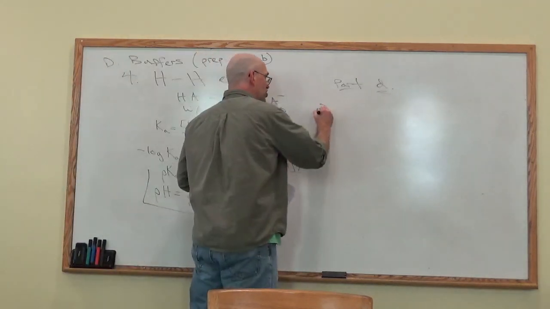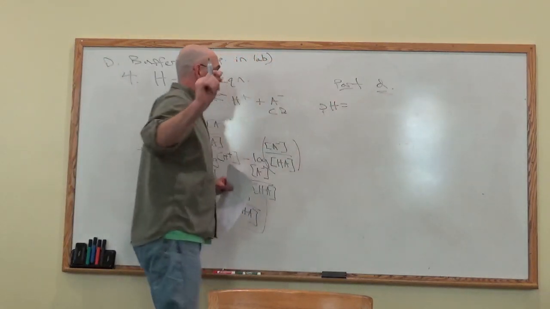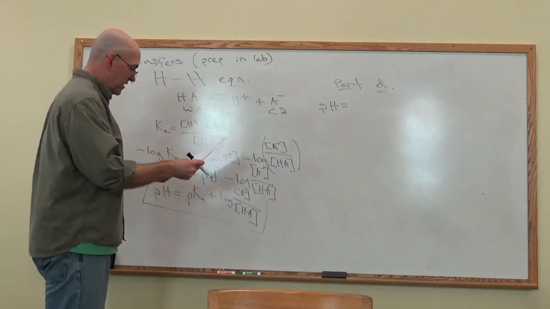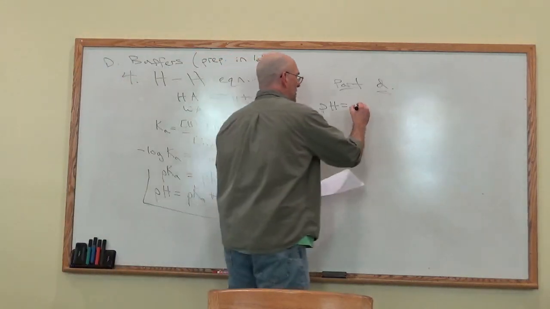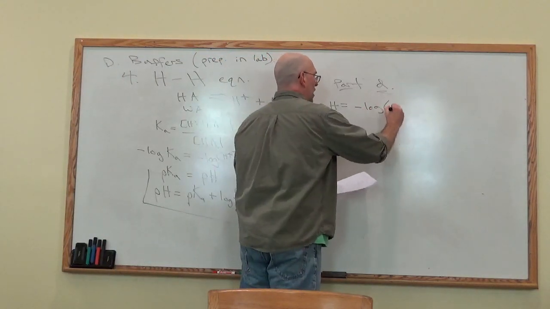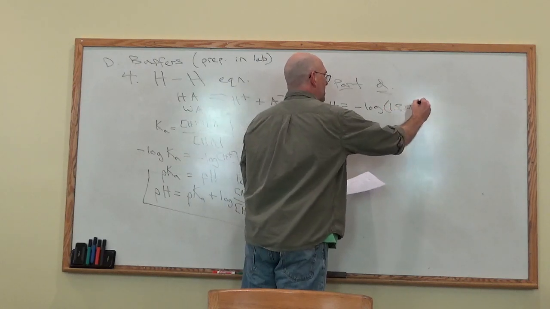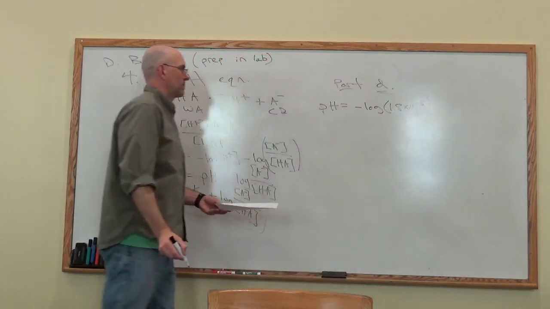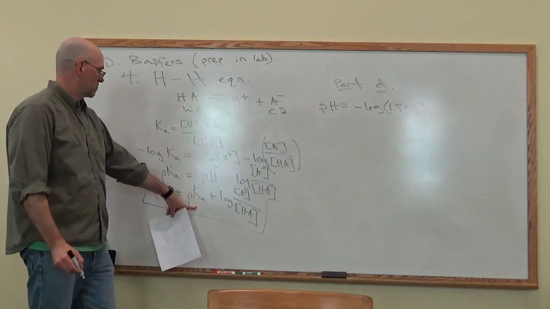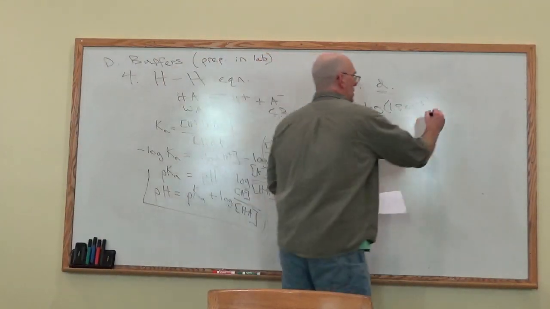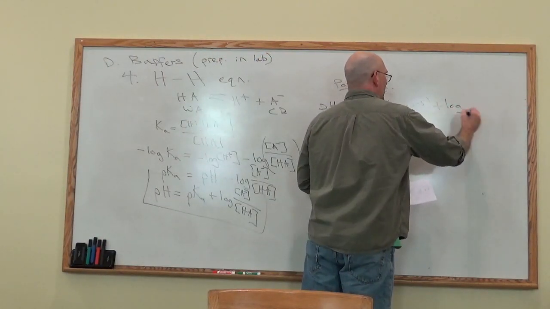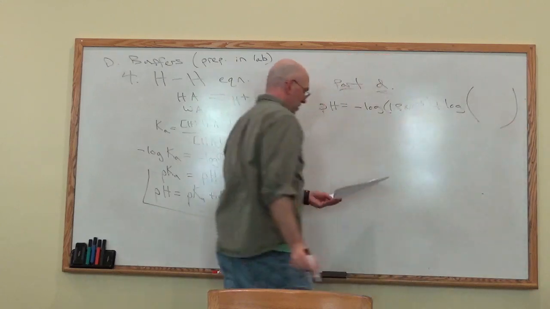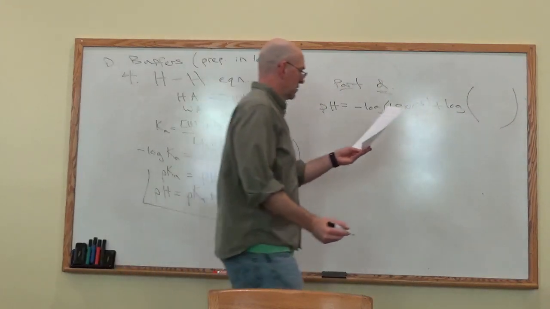So the pH of that solution in part D would be the pKa, so the minus logarithm of 1.8 times 10 to the minus 5, plus the logarithm of the ratio of the concentrations.